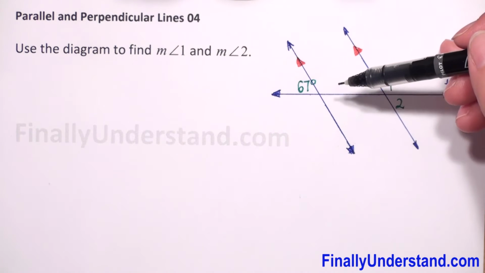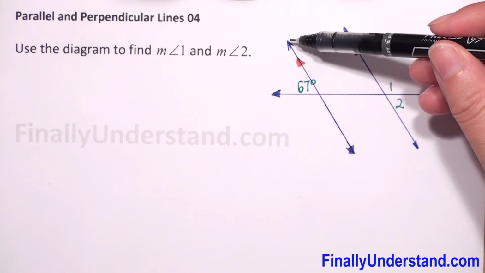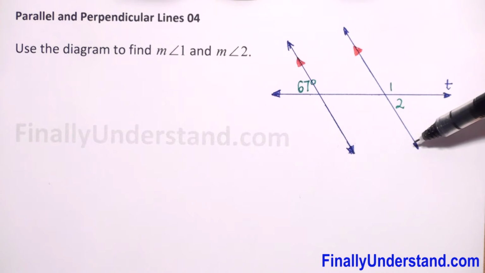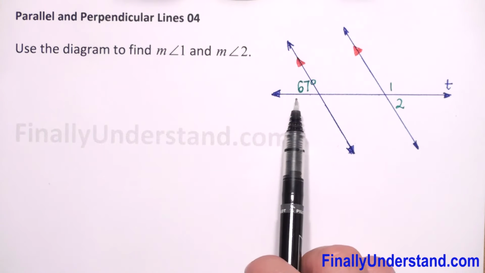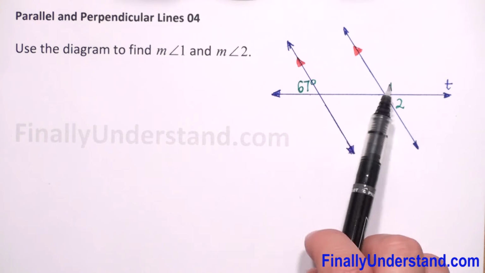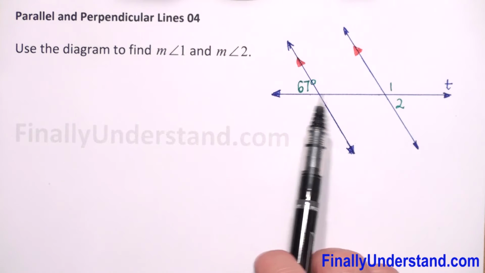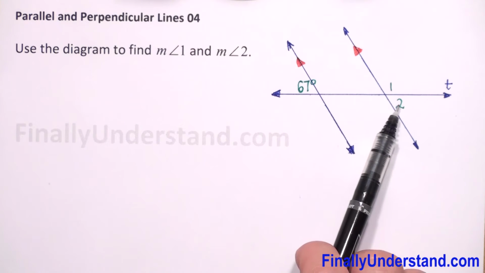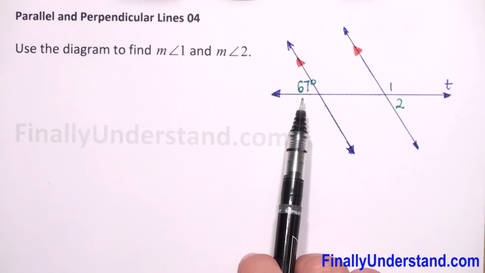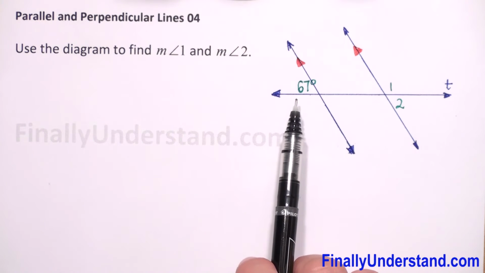We know that when these two lines are parallel, then the angles which are outside of these two parallel lines and on opposite sides of the transversal are the same, congruent in other words.